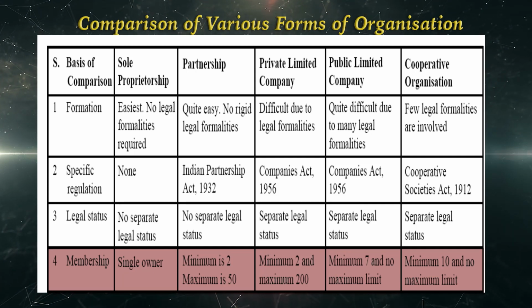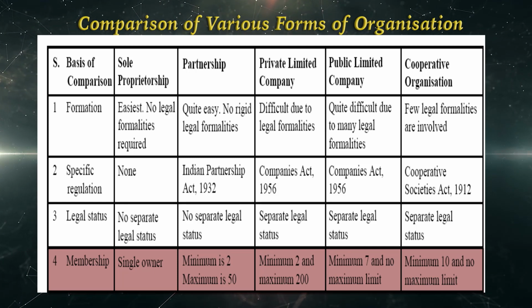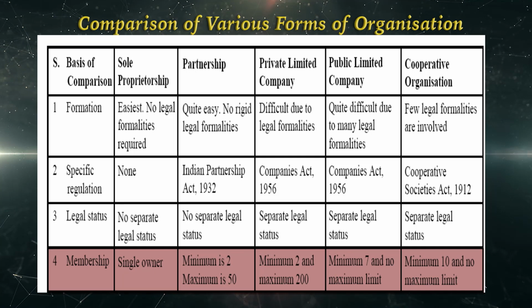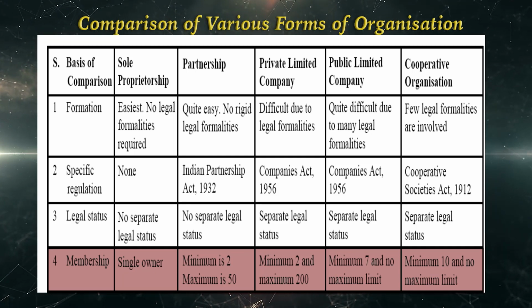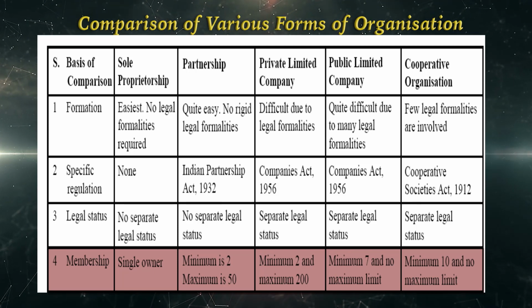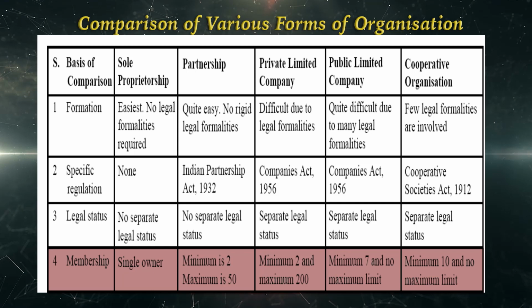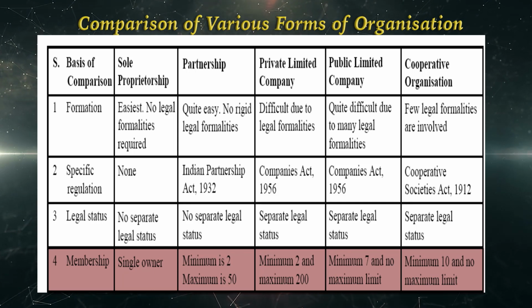Under the private limited company, the minimum number may be 2 and the maximum up to 200. Under public limited company, the minimum number may be 7 and there is no maximum limit. Under cooperative organization, the minimum number may be 10 and there is no maximum limit.